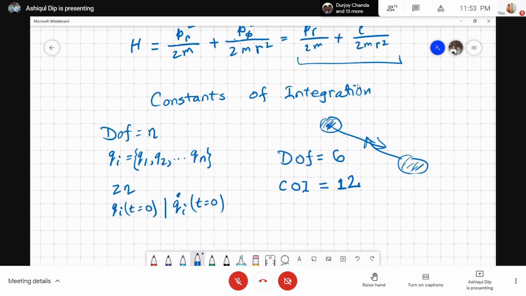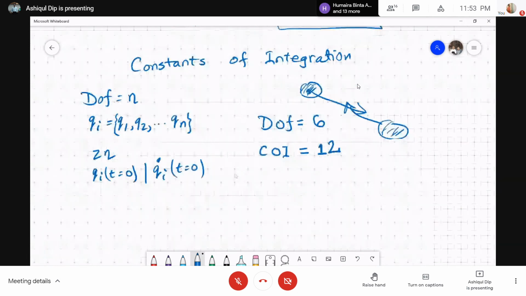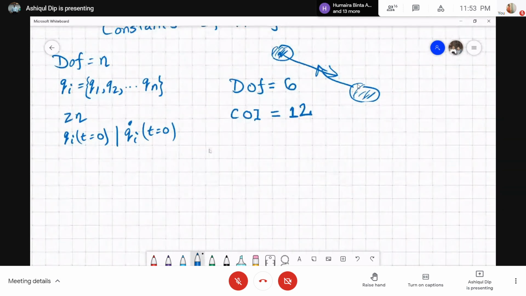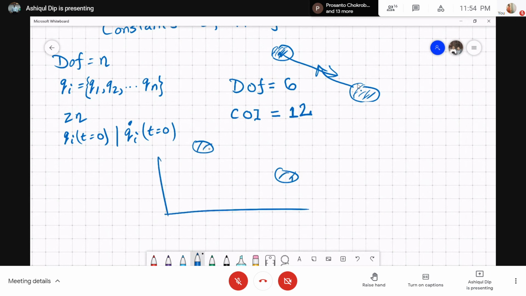So usually what we do is split this problem in a clever way. Instead of dealing with each of the objects separately, we have these 2 objects, and we set up a coordinate system. It has a center of mass, and that center of mass has a position.